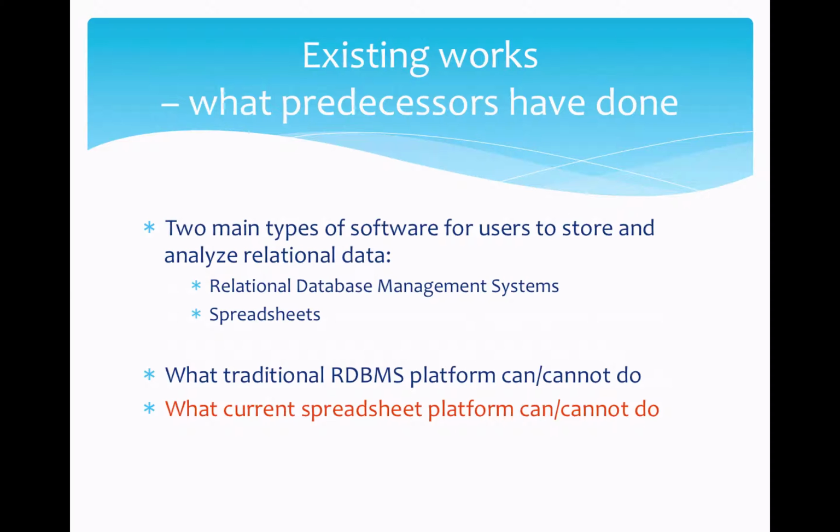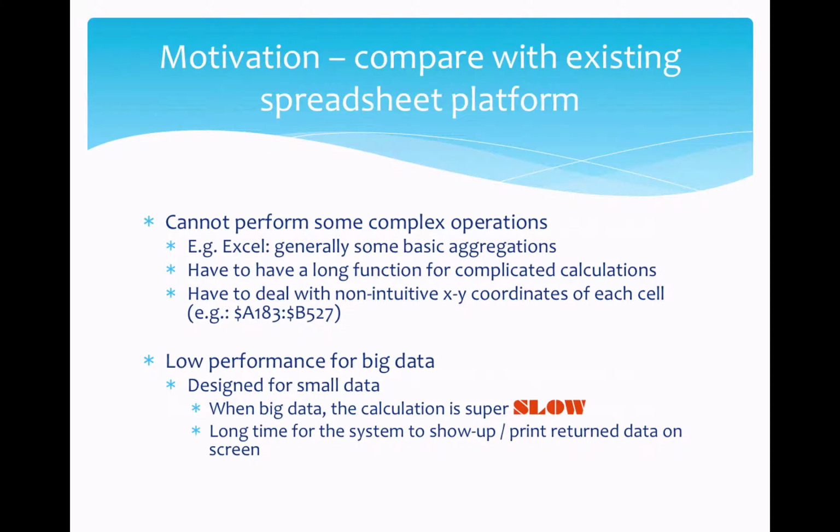Let's come to the second one. Let's talk about what current spreadsheet platforms can or cannot do. For the current spreadsheet platforms, they can of course show the data for us, but most of them cannot perform very complicated operations. Let's take Excel, for example. Generally speaking, we can do some basic aggregations in Excel, such as sum, average, maximum, minimum, but we have to write a very long function for those complicated calculations.